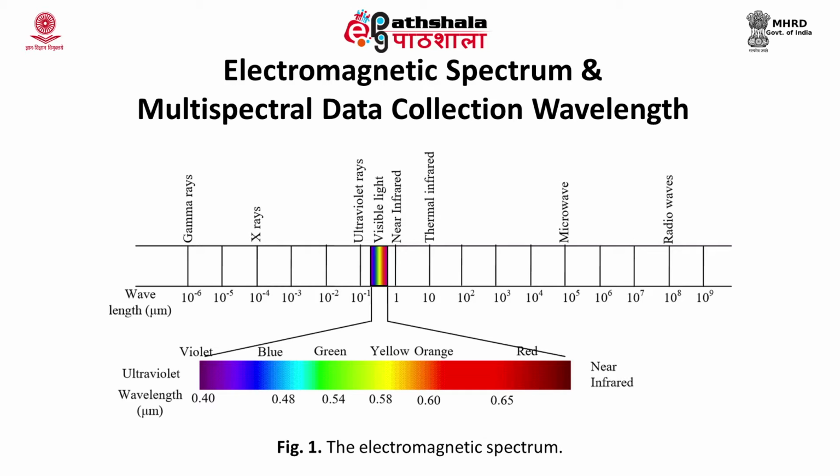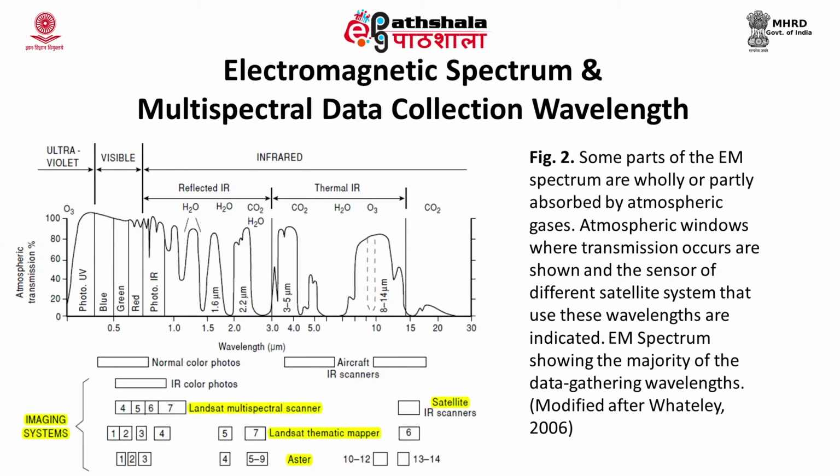You can see from violet to the near infrared range, and below the wavelengths are given in microns. So, in remote sensing, in the multispectral data, what do we use? We use the range from ultraviolet to thermal infrared.